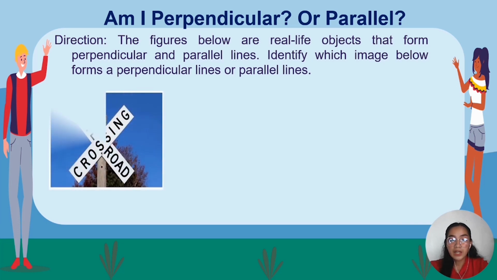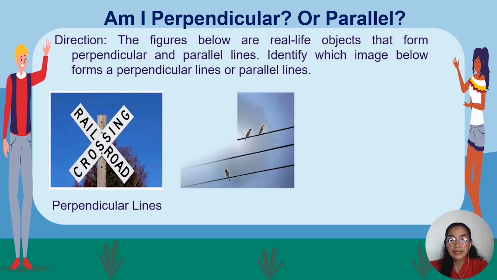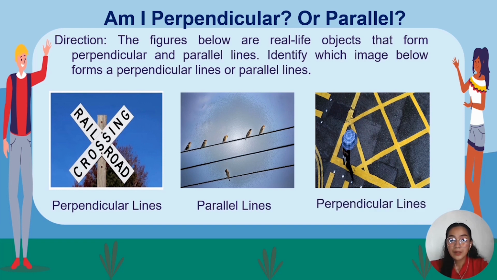The first image is an example of, what do you think is the answer for the first image? It is an example of perpendicular lines. How about the second image? What do you think it is? It is an example of parallel lines. The third image is an example of perpendicular lines.